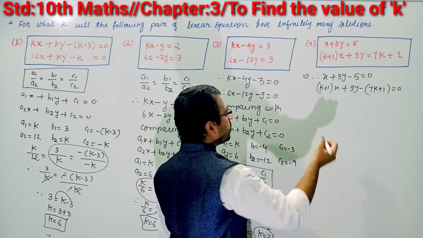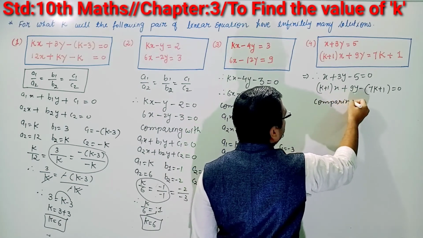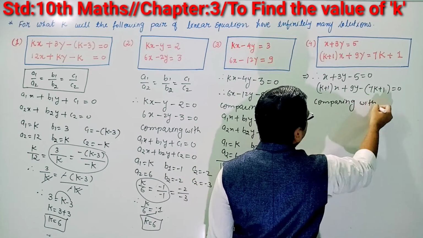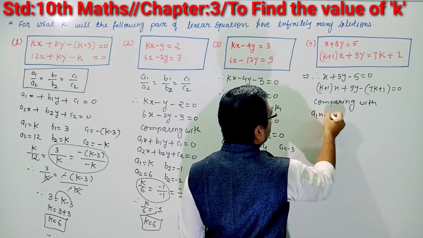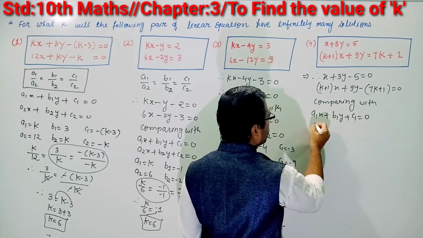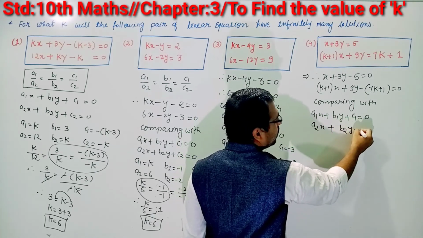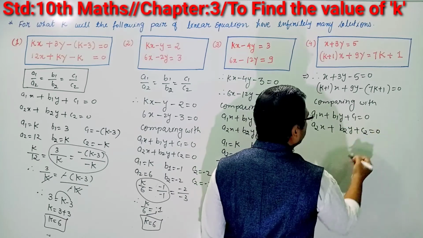Now students, you can compare with the general equation a1x plus b1y plus c1 is equal to 0 and a2x plus b2y plus c2 is equal to 0.